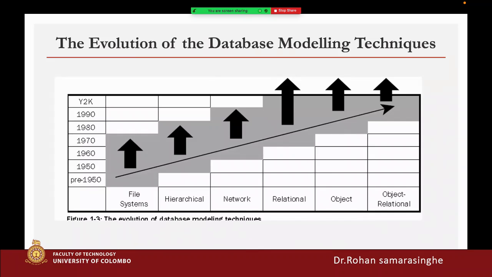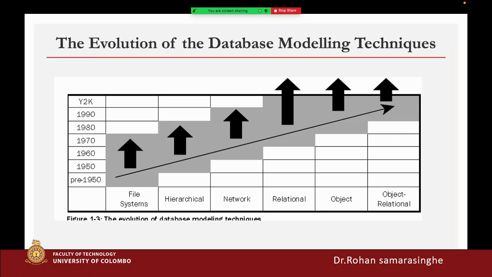So, the evolution of the database modeling techniques. When you see this picture, you can understand the data. It starts in pre-1950s, the beginning of the 1950s. The data must be stored in a certain place.